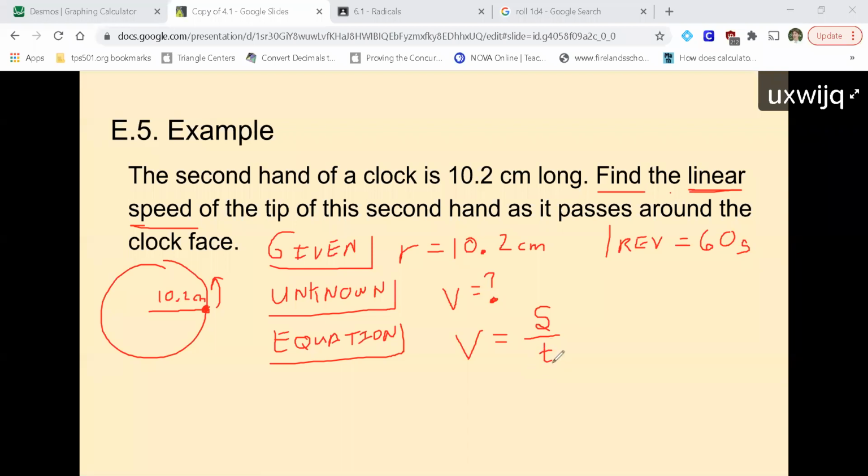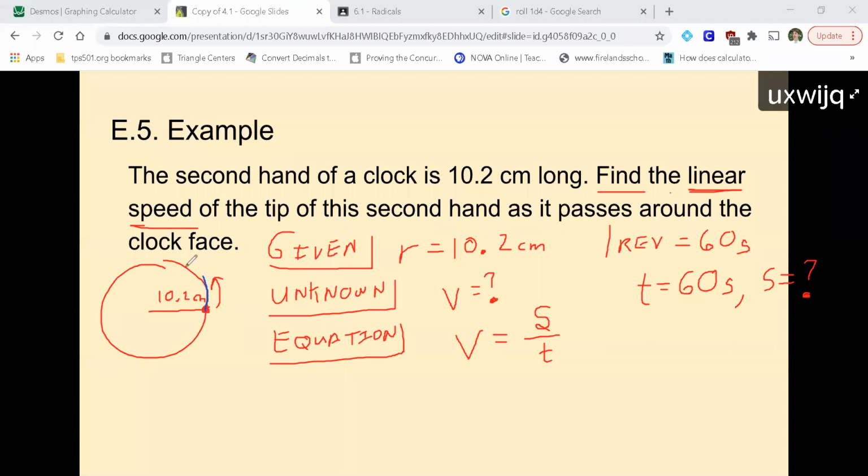So I'm going to say, let's see how far the second hand moves in 60 seconds. So let's just arbitrarily decide, I want to see what S is when T is 60 seconds. The reason why I chose 60 seconds is because that's one revolution.